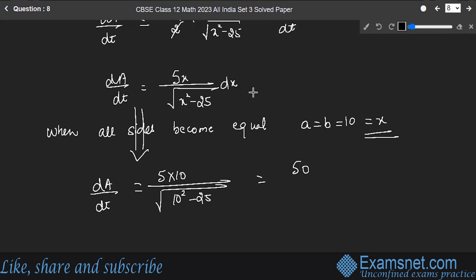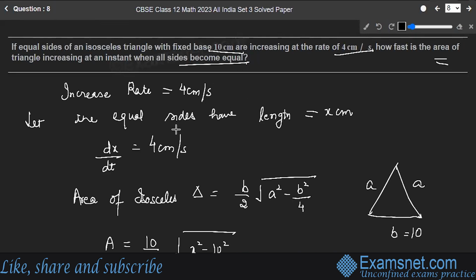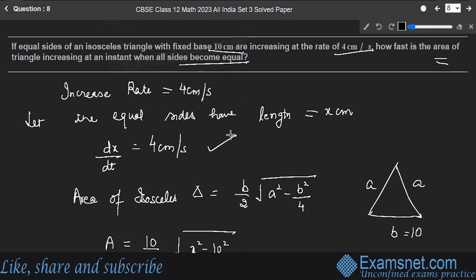I'm missing dx upon dt also over here, right? So dx upon dt is equal to 4. It's given in the starting, correct?